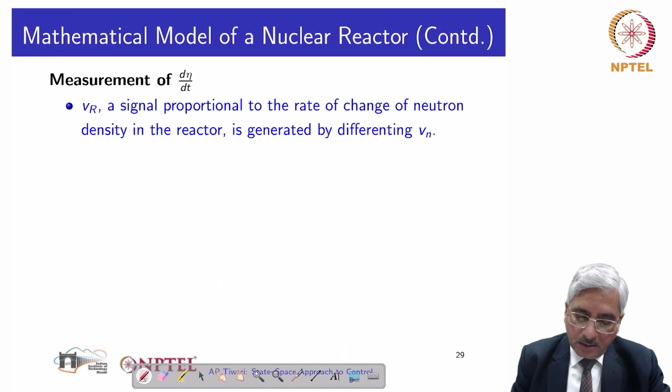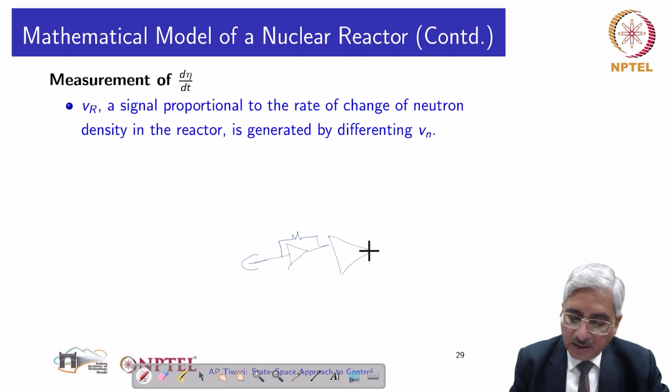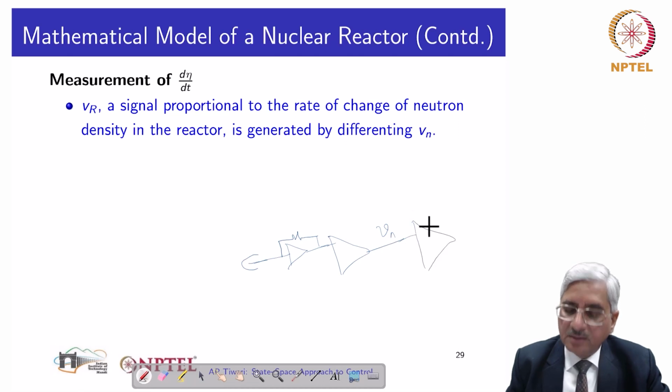Neutron flux, that is, this detector current after conversion to current and voltage, then amplification, we got Vn. Now it is also differentiated. So there is a differentiator d by dt circuit and it produces dVn by dt.